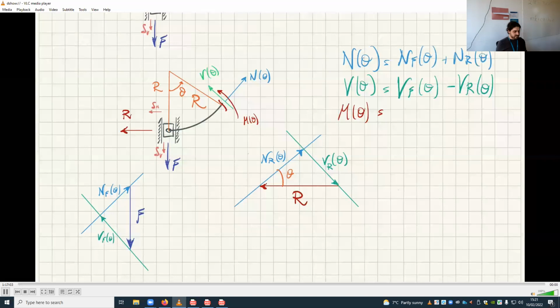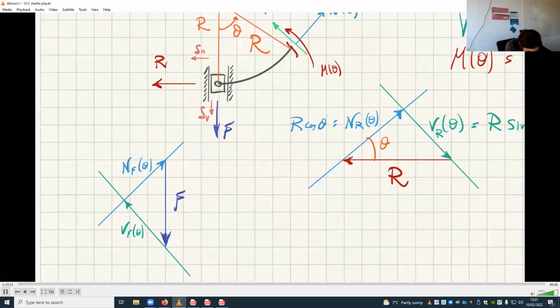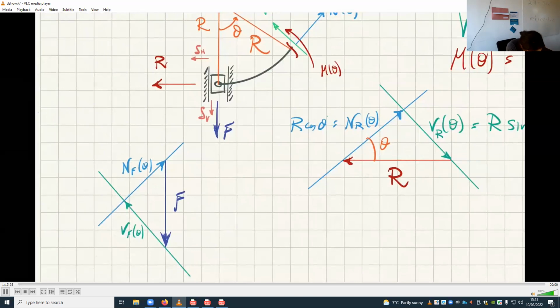Yeah, but how much are these? Well, VR of theta is R sine theta. And then NR of theta is, of course, R cosine of theta. Where is the angle here? Of course, we said earlier, the angle is made by the vertical and the shear force.